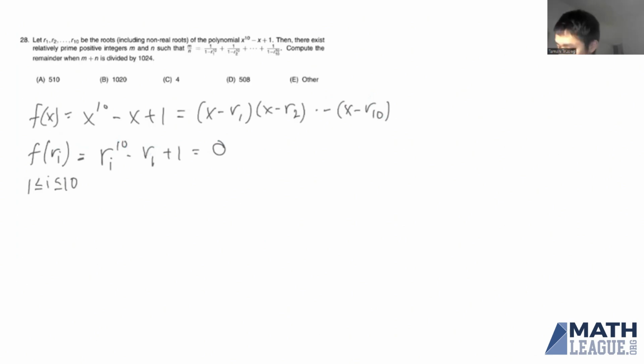This is particularly useful because we can rewrite this sum as something else. We see from this that ri to the 10 equals ri minus 1.